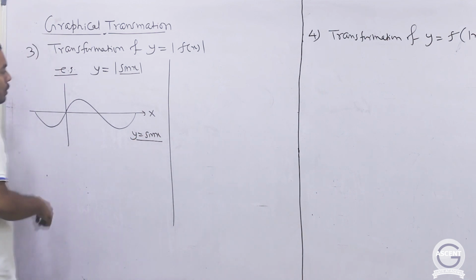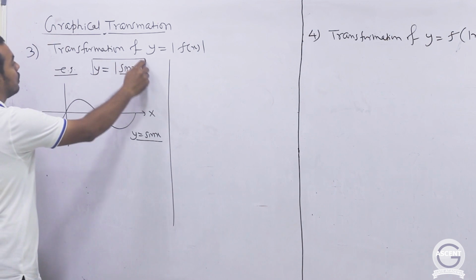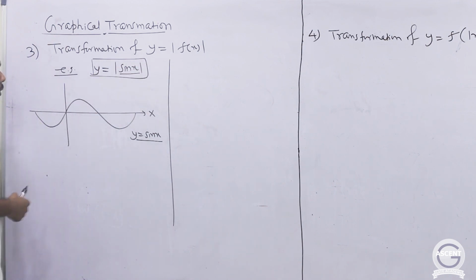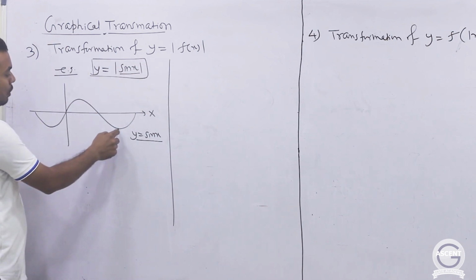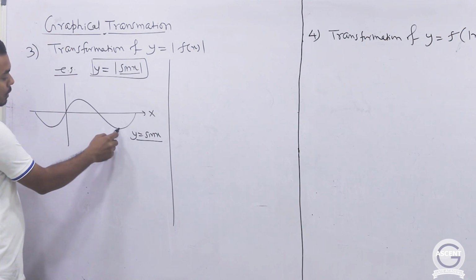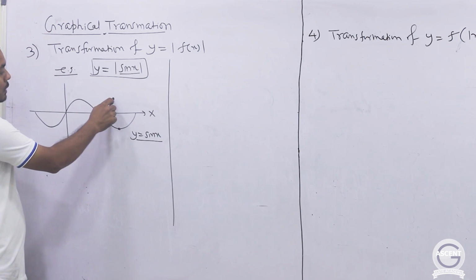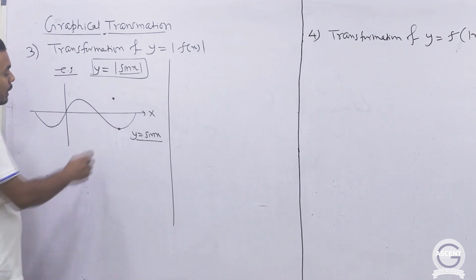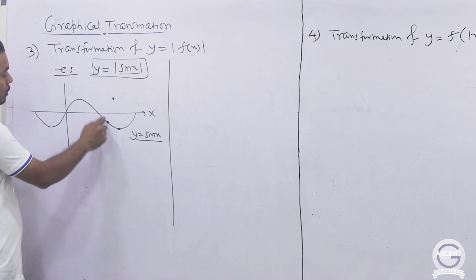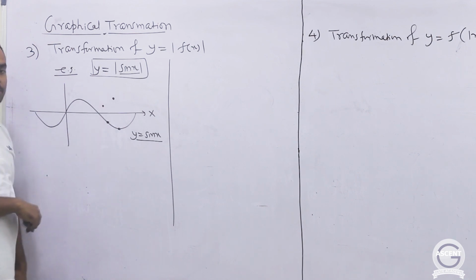Now if you want to draw the graph of the function y equals mod sin x, then what will happen is that all these points, say for sin x this point is giving us minus 1. Now if you take mod of minus 1, you will get plus 1. Here suppose y is minus 1 by 2, then mod of minus 1 by 2 will be plus 1 by 2.